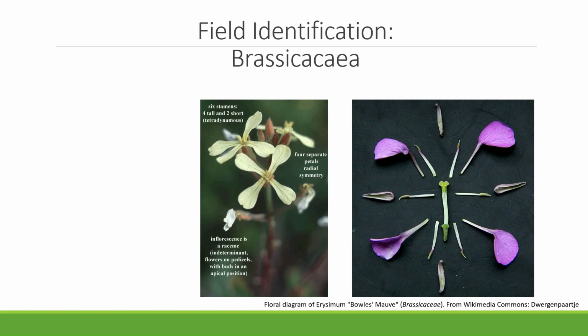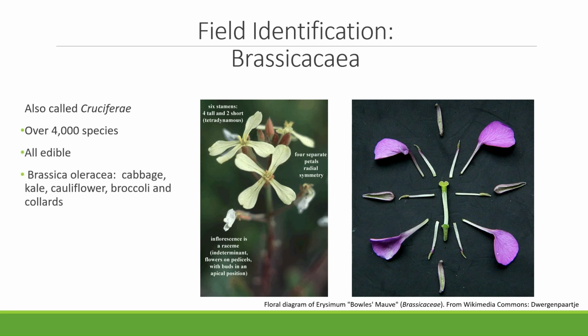So one of the most important families we'll start off with here in the eudicots is the Brassicaceae, also known as the mustard or crucifer family. It contains more than 4,000 species, and remarkably, every single one of them is edible, although they might not all be tasty, so to speak. The most famous member is Brassica oleracea.